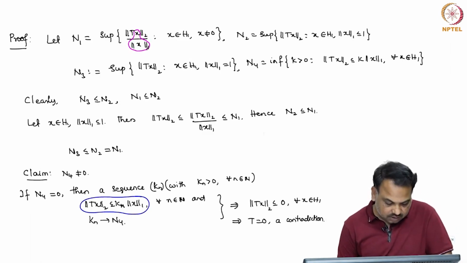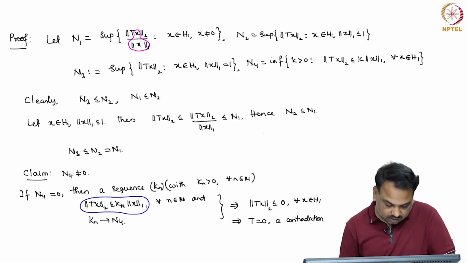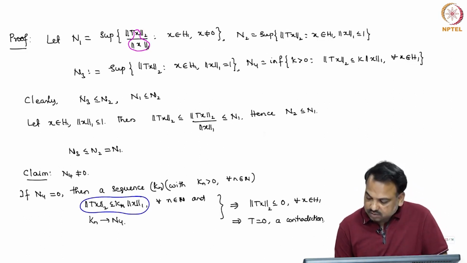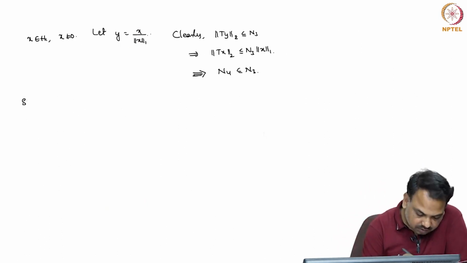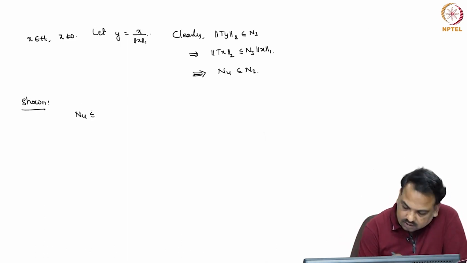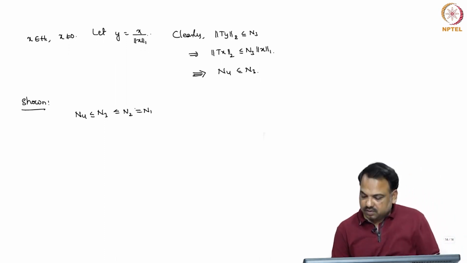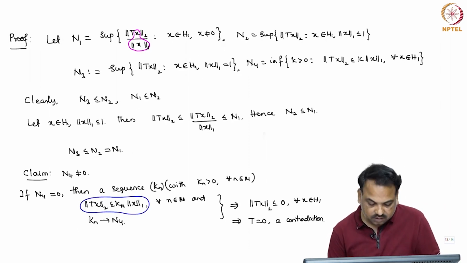So far we have shown that n3 is less than or equal to n2, that is equal to n1, and we also have shown that n4 is less than or equal to n3. So, n4 is less than or equal to n3, n3 is less than or equal to n2, that is equal to n1, and if we are able to show that n1 is less than or equal to n4, then we are done.